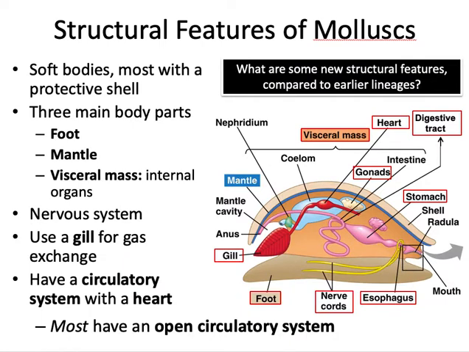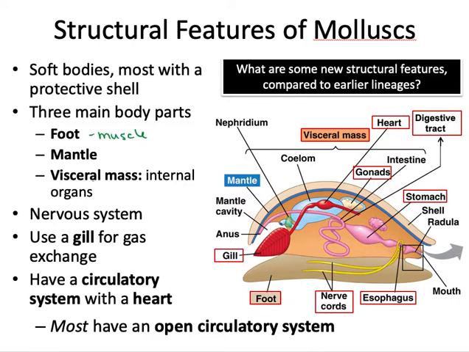Most mollusks have that protective shell, some of them don't. They'll have a very soft body, and many or most will have that protective shell. These cephalopods have that reduced or no protective shell. The three main parts, we're going to show a bivalve as an example. Three major body parts of mollusks include a foot, which is the muscle that's used for locomotion.